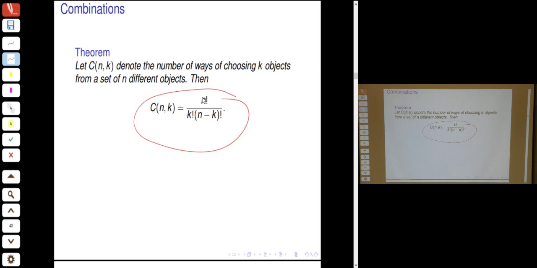Remember a few slides ago we saw an example where you arrange in a row k different objects from n. That was about order. Here you do not really care to arrange them in order. You are just content with choosing a bunch of k objects from the original n, and that is n factorial over k factorial times n minus k factorial.